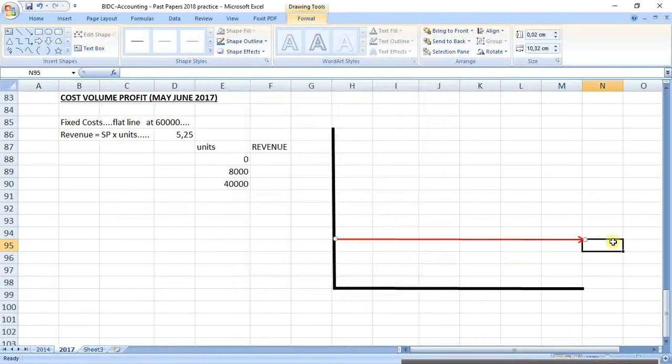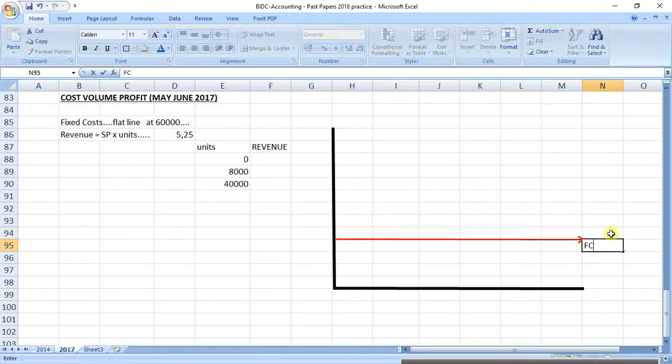Okay, so let's get those values. 0 times 5.25 is 0. Okay, next one. 8,000 times 5.25 is 42,000. And then the last one, 210,000.